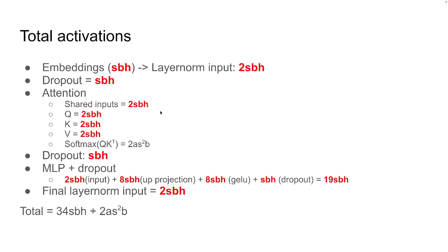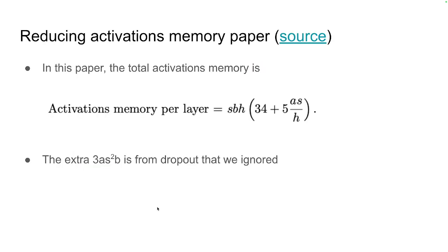And so here I just have a consolidated PowerPoint of all the activations that originated in our transformer journey. And so if you sum this up, this would come around 34 SBH plus 2 a s square b. And if you refer to this paper, the reducing activation memory paper, they have this 34 SBH, we got this factor right, but they have this extra 5 a s square b.